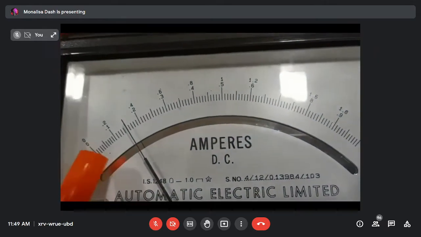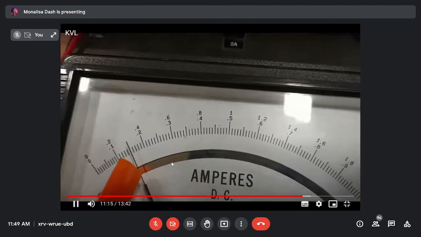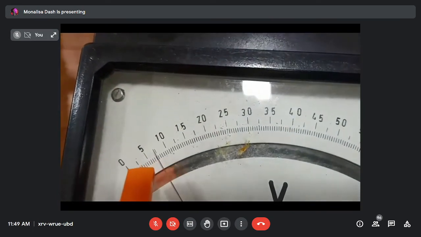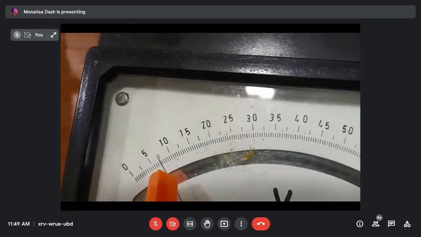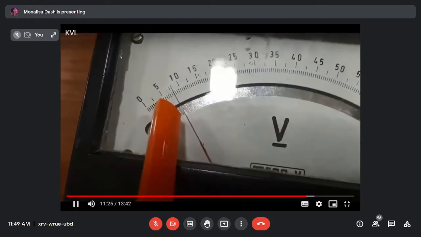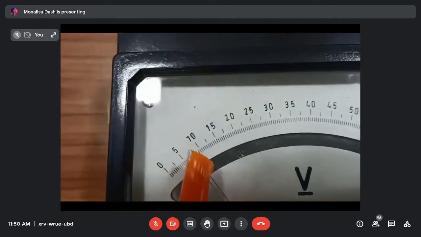Current through that circuit is 0.16 ampere. And this one is 7.5 volt, first voltmeter. Second is 8. Third one is 8.5.